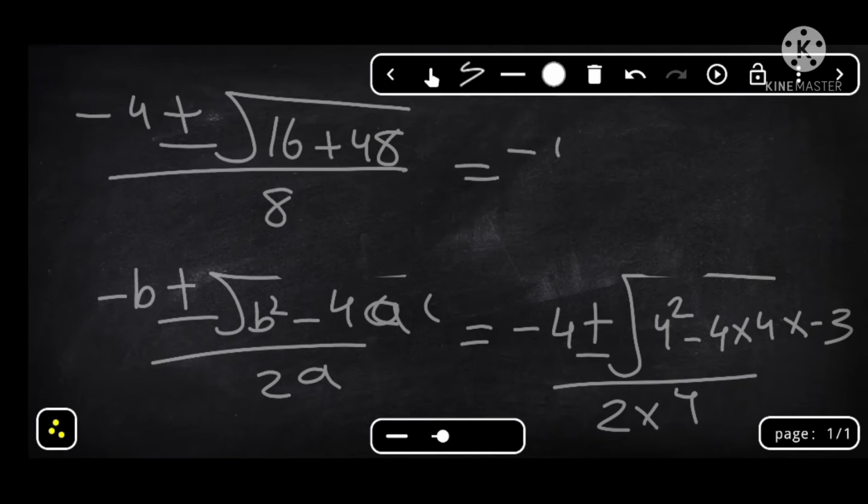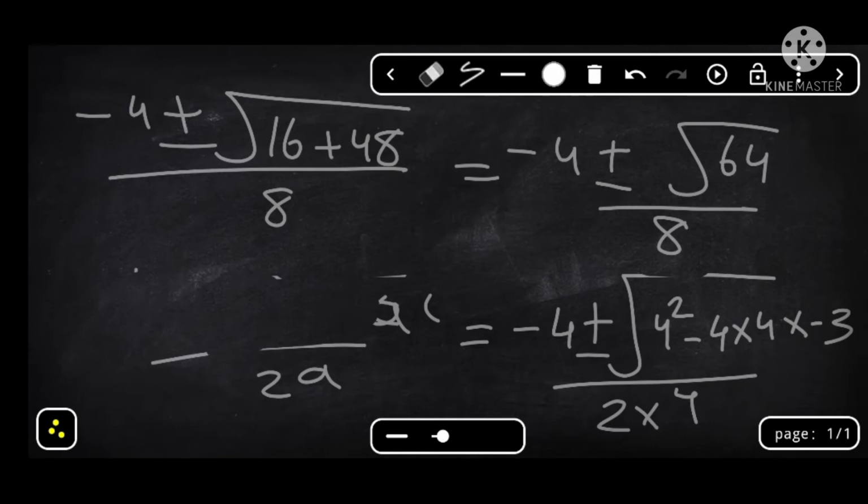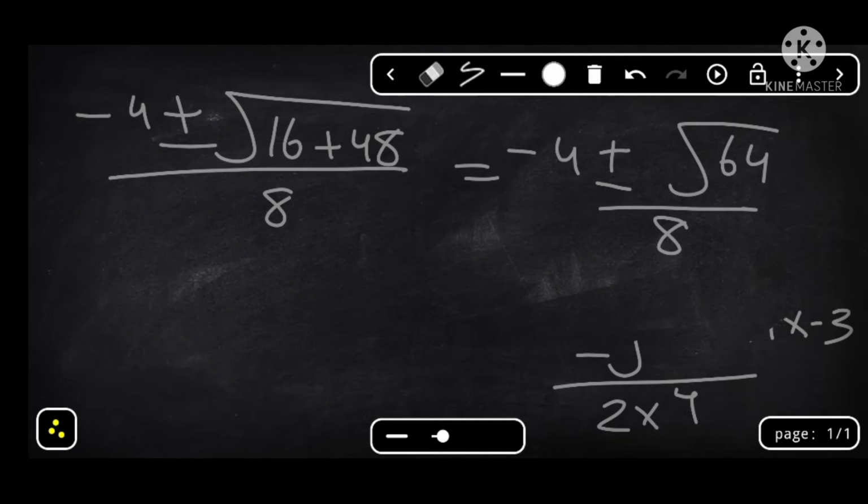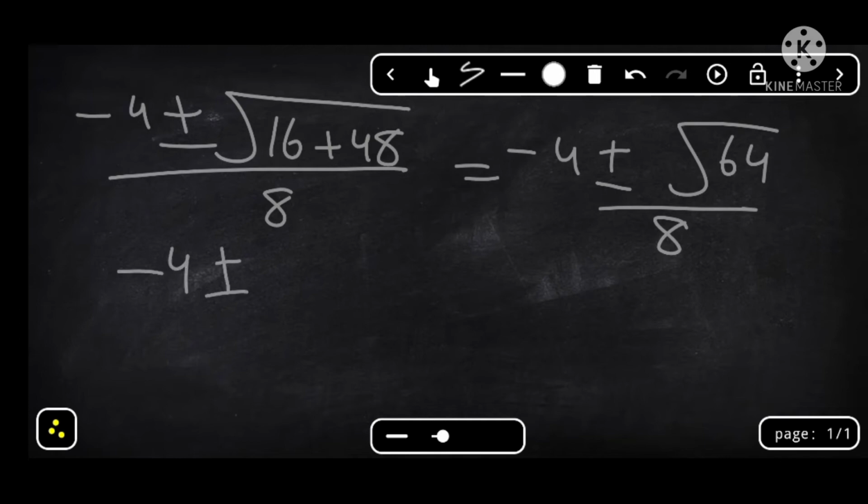So this is minus 4 plus or minus root 64 divided by 8. So this root 64 value is how much? That is 8, right? So minus 4 plus or minus 8 divided by 8.